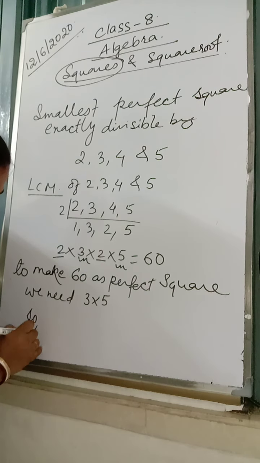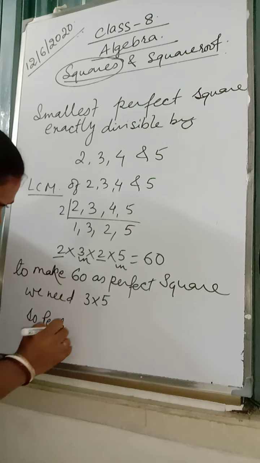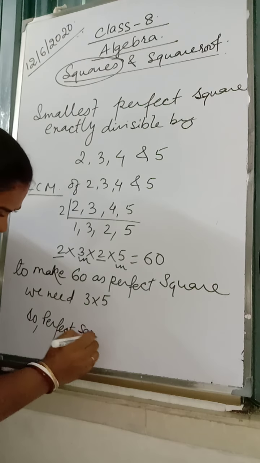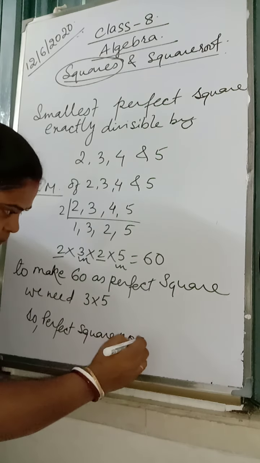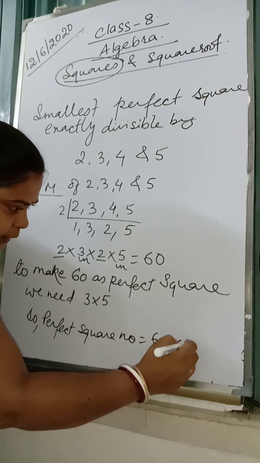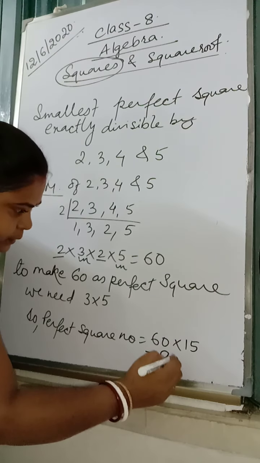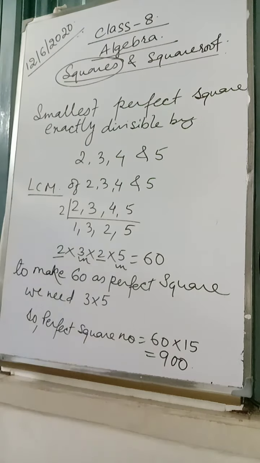So the perfect square number would be 60 into 15, which is 900. 900 is a perfect square number which is exactly divisible by 2, 3, 4 and 5. Is it?